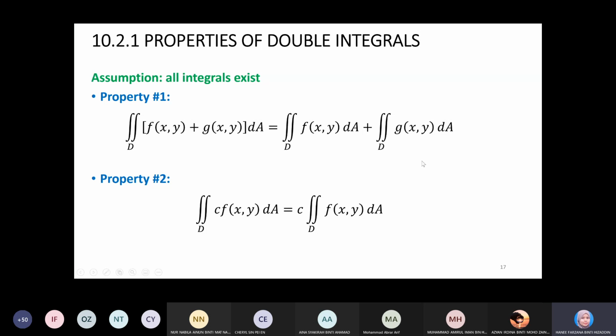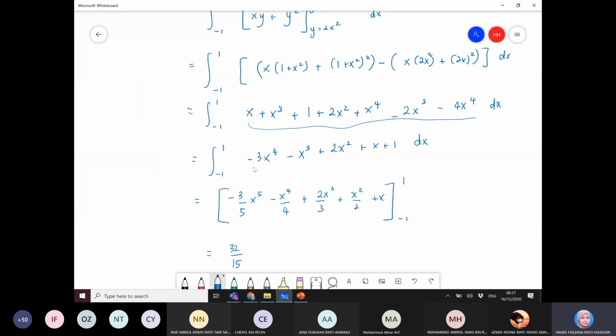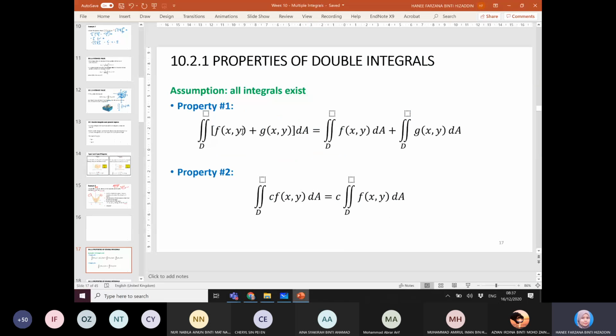Some of these properties are quite straightforward, but they need to be said so that you can see them. It all makes sense, like what we did just now, where we are just integrating one by one with respect to x. It's the same thing in property number 1.